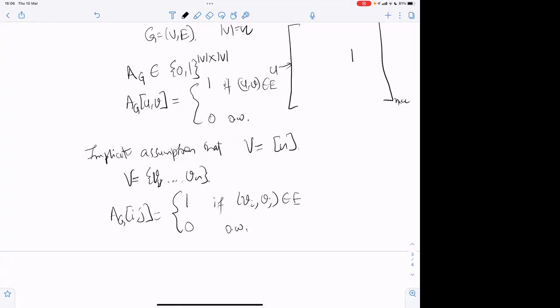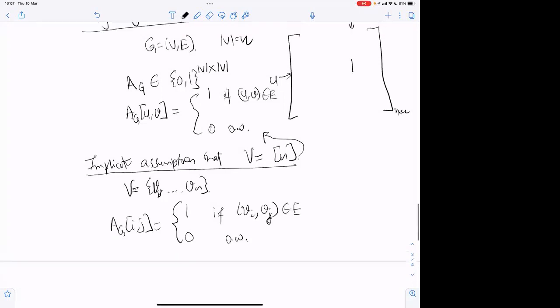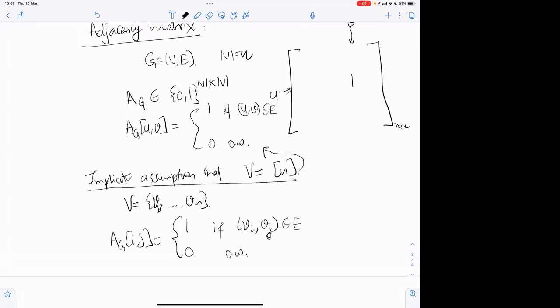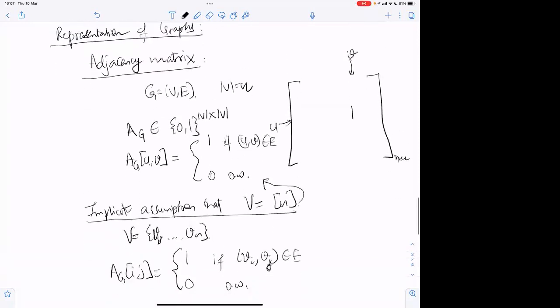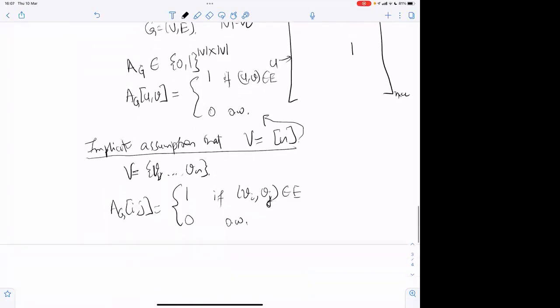Correct? Are you with me? Yes, sir. So usually we conflate the two things and say that the vertices themselves are numbers from 1 to n, and then this is a matrix.